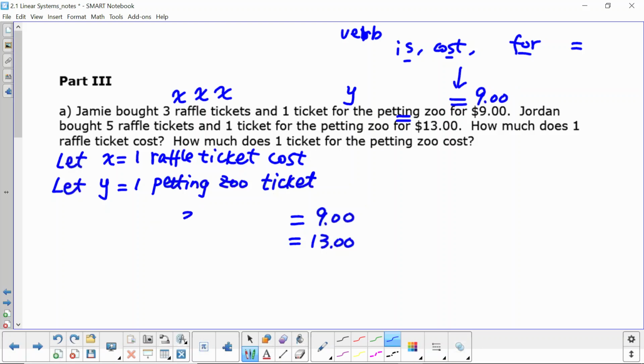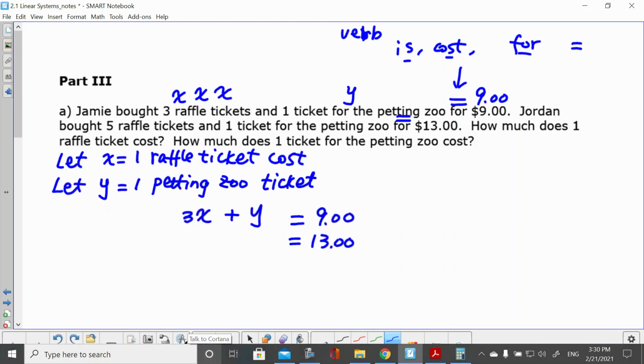So we have 3x plus y equals $9. So that is our first sentence, we translate this into a mathematical equation. After that, I will pause the video here and you write the second equation by yourself.